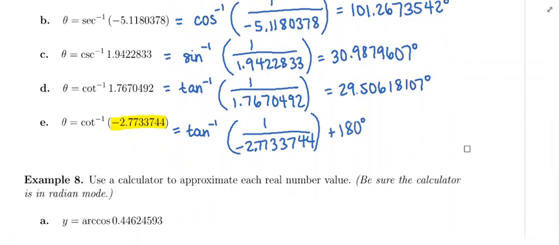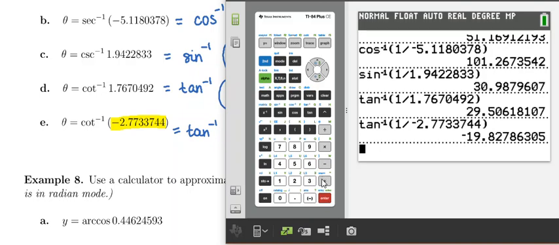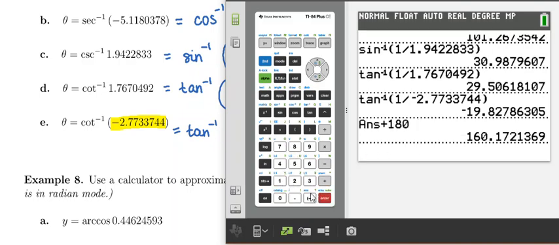Let's do it. This is going to be the tangent inverse of 1 over negative 2.7733744. This is a degree measure, but we need to add 180 to it to make sure we're in the correct quadrant.